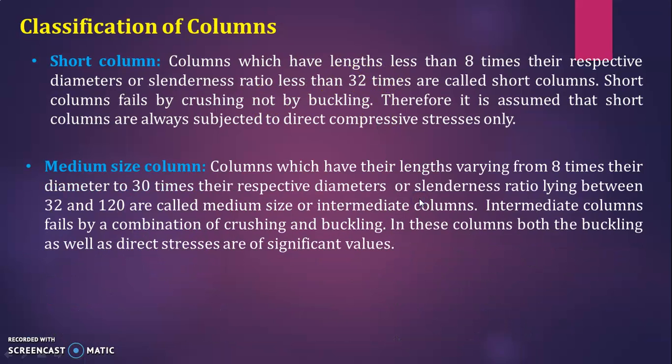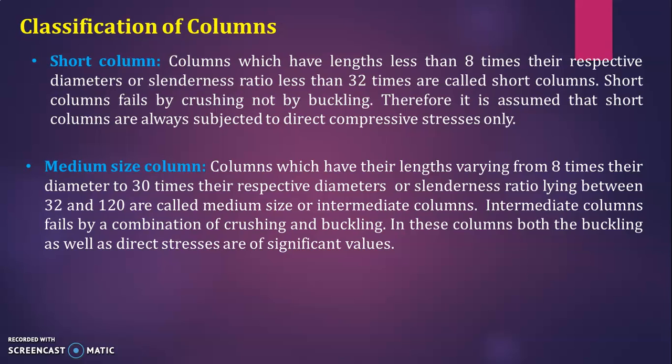Then let us see medium size columns, which have their lengths varying from 8 times their diameter to 30 times their respective diameters, or slenderness ratio lying between 32 and 120. They are called medium size or intermediate columns.